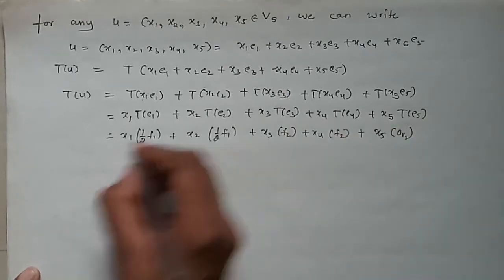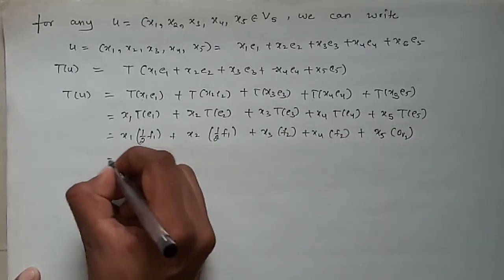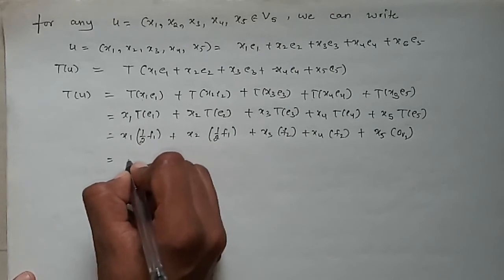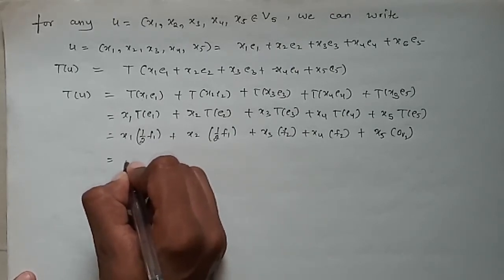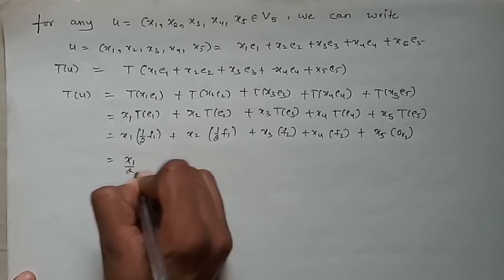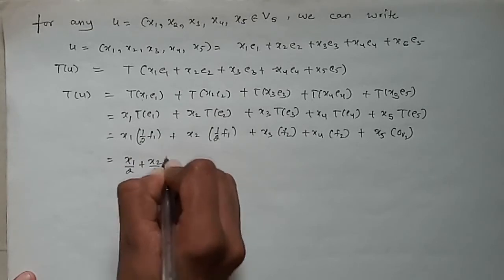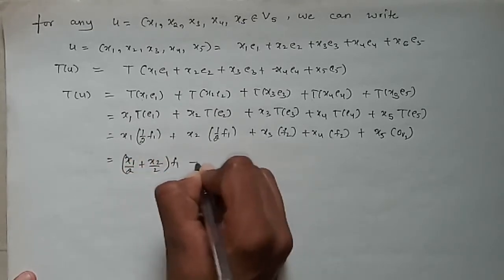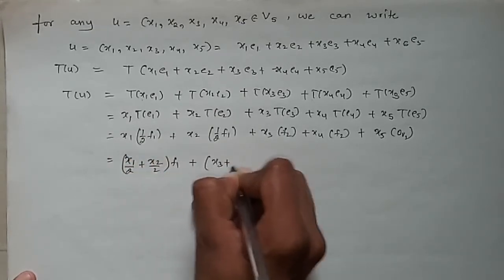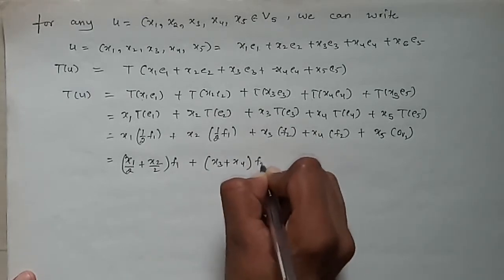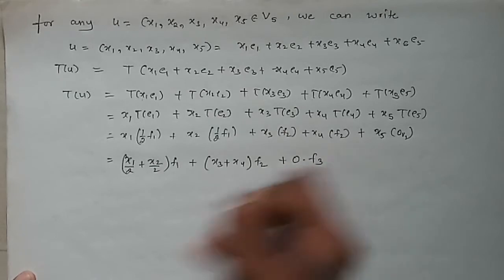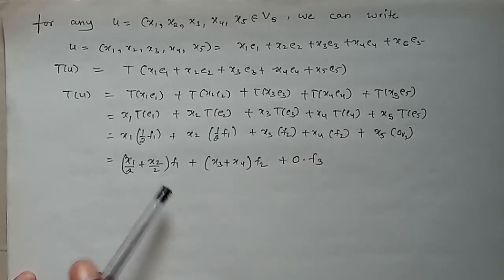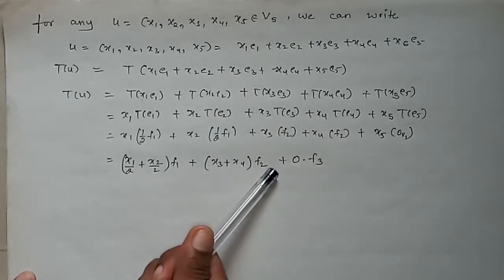So if I write in terms of F1, F2 and F3, then we have (x1 by 2 plus x2 by 2) F1, (x3 plus x4) F2, and here I can write 0 F3 since my standard bases are F1, F2, F3 for V3.